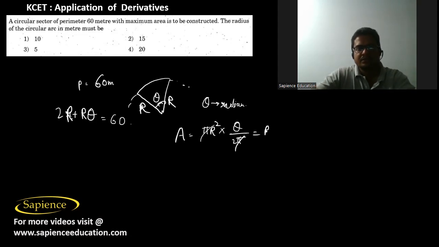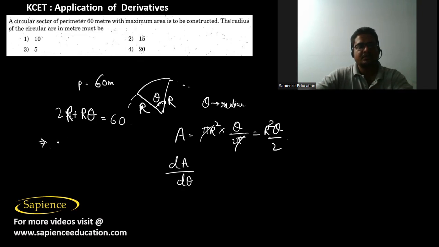So this will be r square into theta by 2. So this should be maximum. So for area to be maximum, it means that dA by d theta should be... the radius of the circular arc.